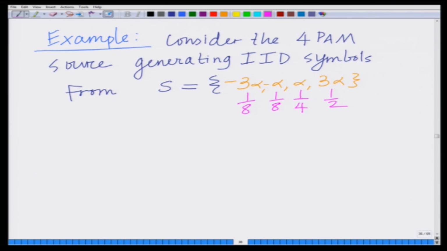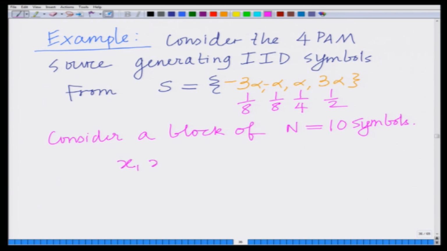This is the distribution, and we consider a block of n equal to 10 symbols, that is we are considering symbols x1, x2, x3, and so on until x9 and x10.